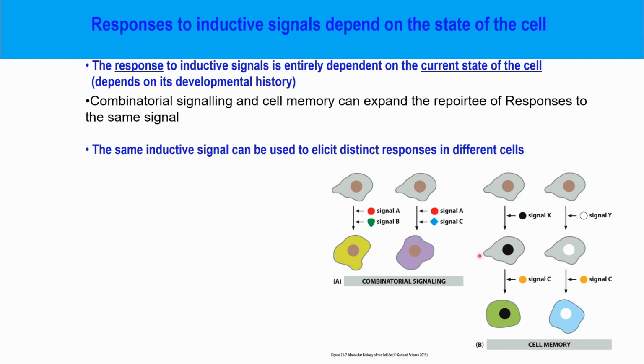Then there's also cell memory, where we have one cell signaling to another cell, triggering its nucleus, let's say, to differentiate a little bit so that it has a black nucleus. And then another signal comes in, signal C, and this will trigger changes in the cell that in this schematic cause the cytoplasm to turn green.